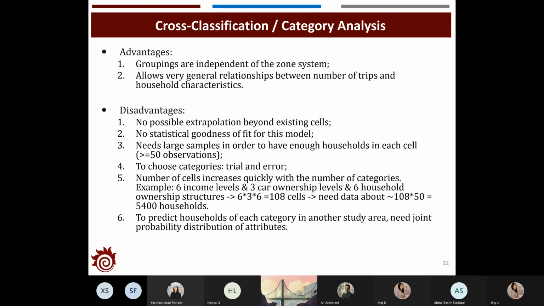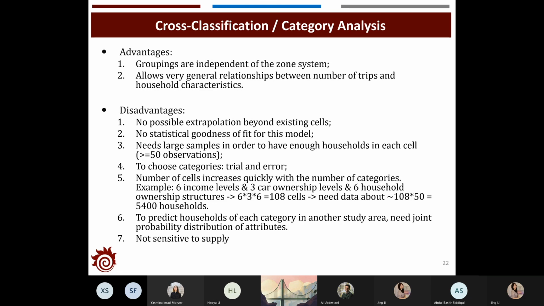Regarding the prediction models, they have some assumptions, like the distribution will not change over the years, but in reality, this distribution might change over the years. So the prediction model will not be accurate.